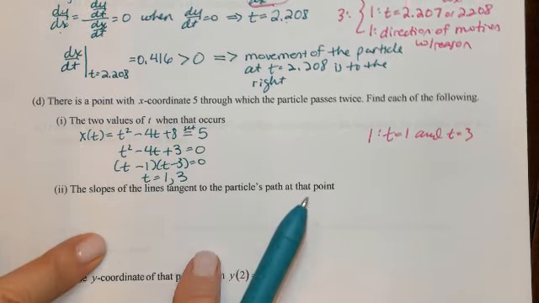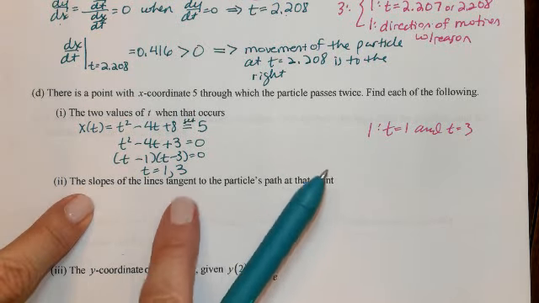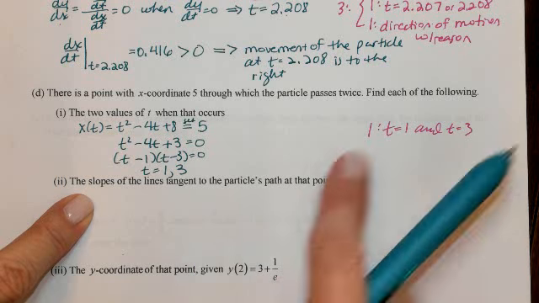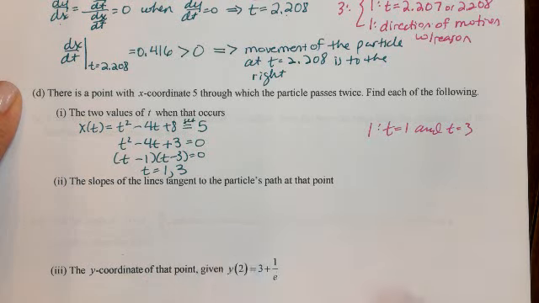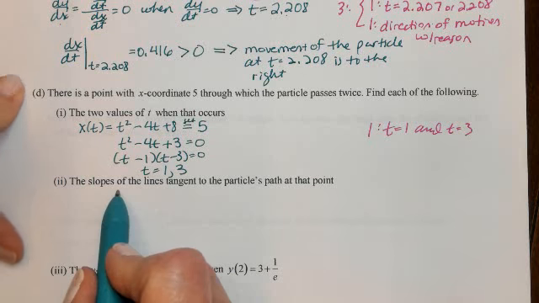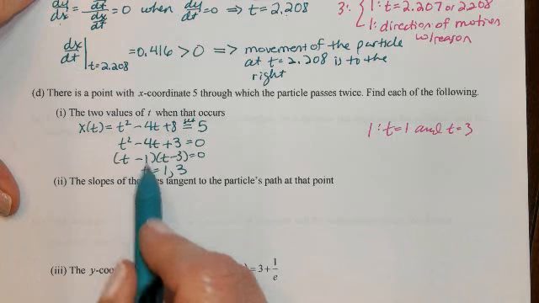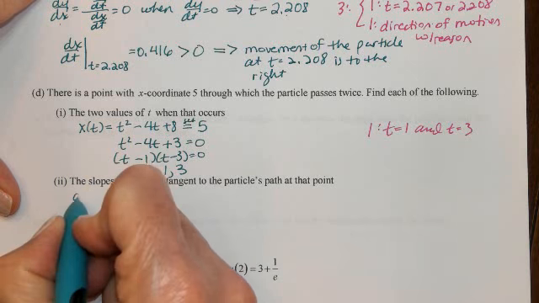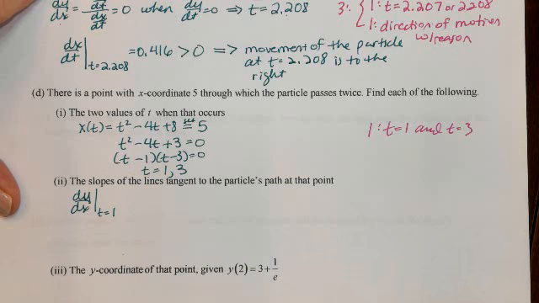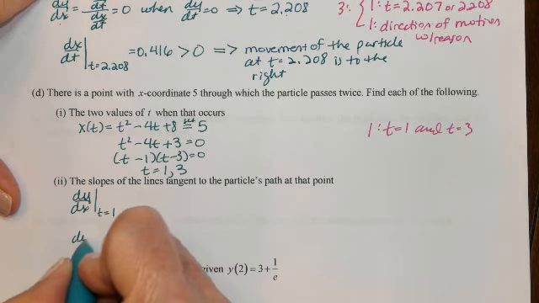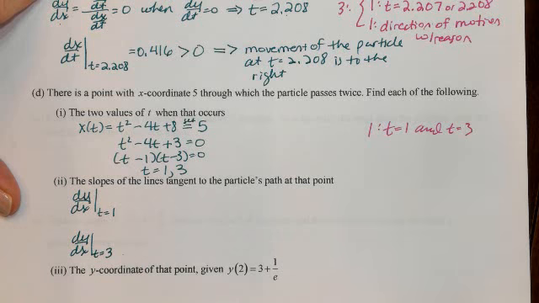Okay? Part 2 of part D. Find the slopes of the line tangent to the particle's path at that point. So I need to find the slope at each of those points, right? So I need to find dy dx at time 1, and I need to find dy dx at time 3, right?